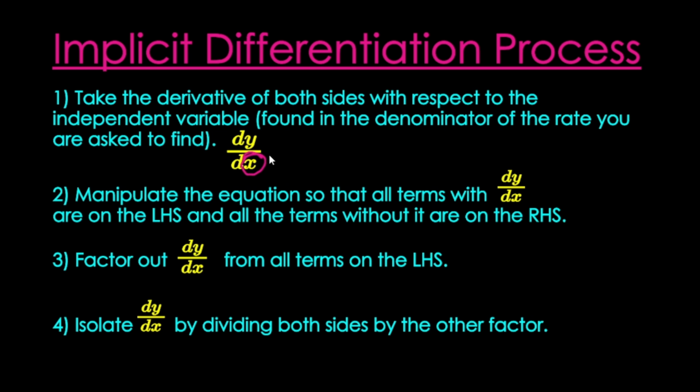This new result will have dy/dx multiplied by some quantity, and then the right side should not have any dy/dx's. So to find what dy/dx is, we isolate it by dividing both sides by the other factor. At that point, we have dy/dx solved for, which is the goal of the process.